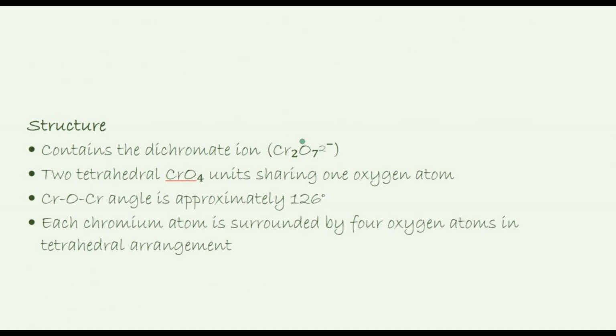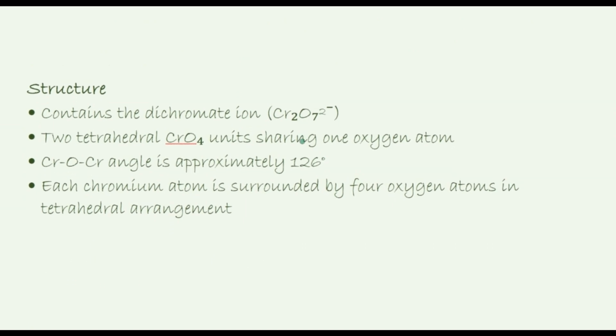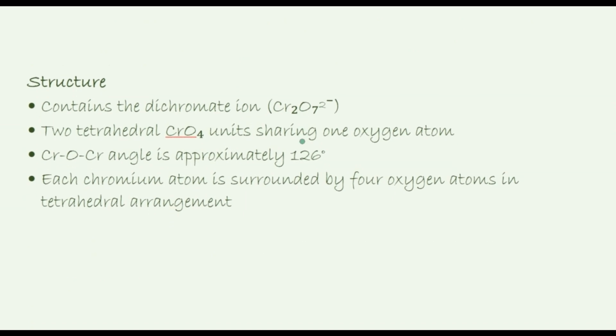Then the structure of dichromate. The question can be asked from the structure also. As you can see, it is Cr2O7 2-.